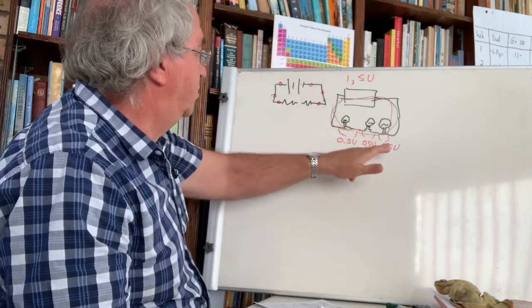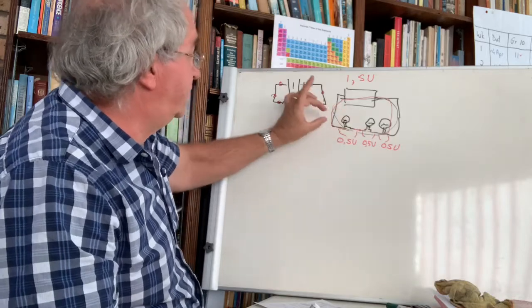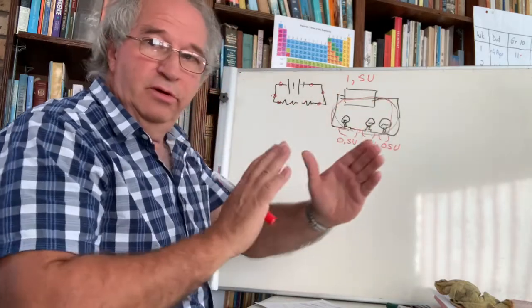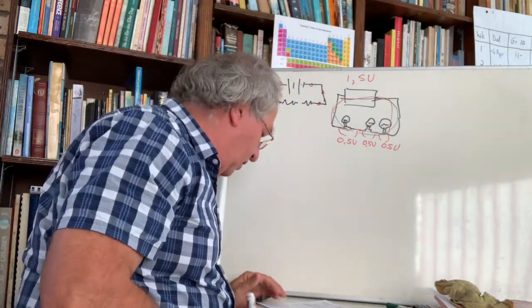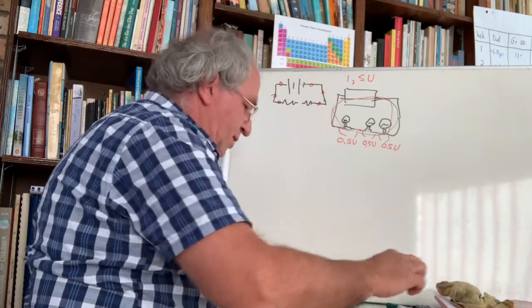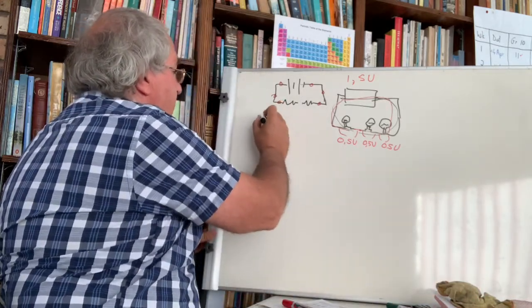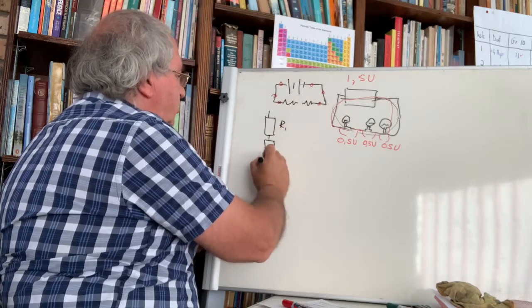So these lamps will burn a bit dimly if they're connected. And the more lamps you connect, the more dim it will burn because there will be less volts over each one. Then we can put that into an equation. Let's say that is R1 and that is R2.